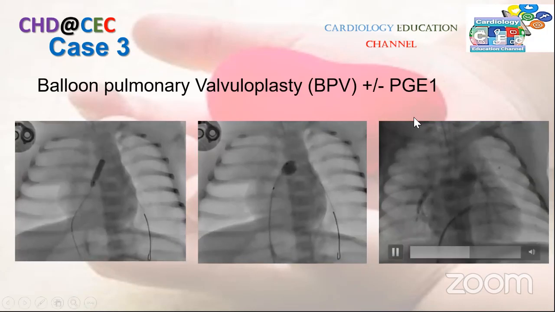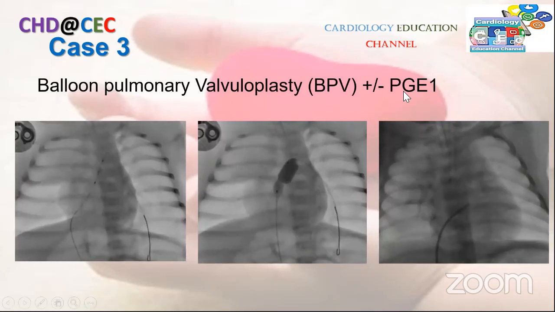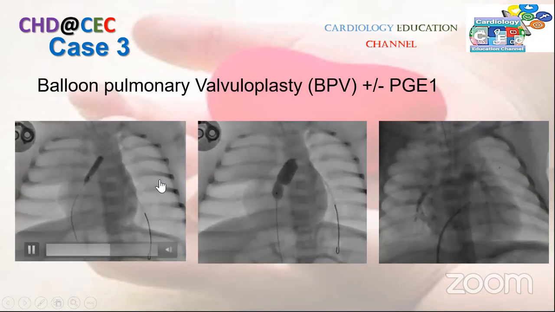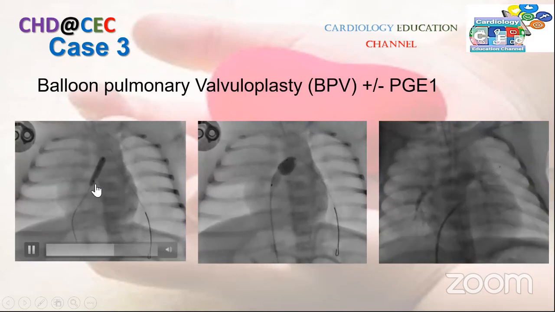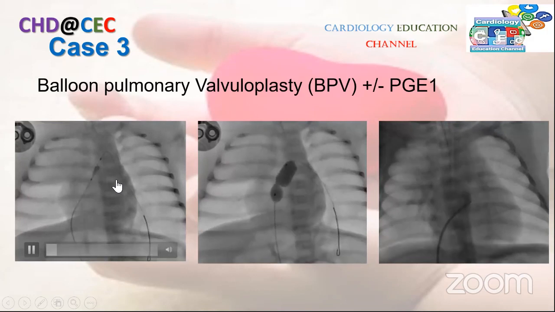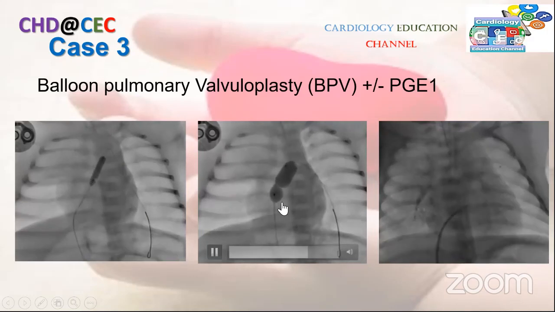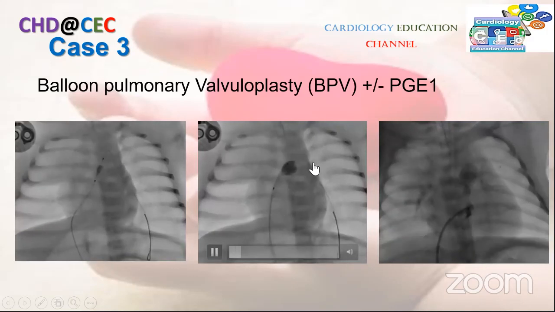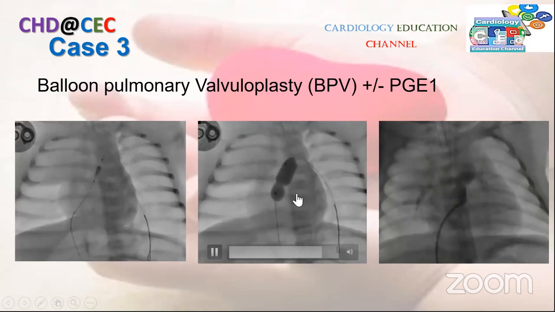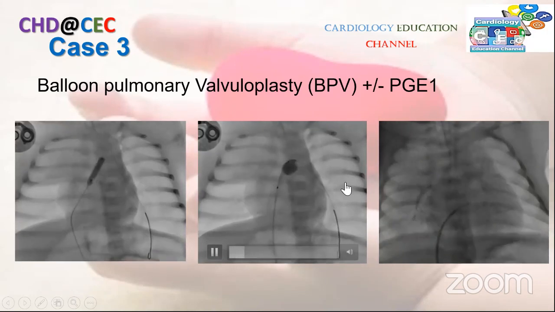We initially continued the procedure while using prostaglandin to maintain the cardiac output. We start with a very low profile balloon, sometimes coronary balloons of 2 millimeters, to get across over a coronary wire, and then go to a low profile balloon, which can also be advanced across the coronary wire, just to open this lesion.